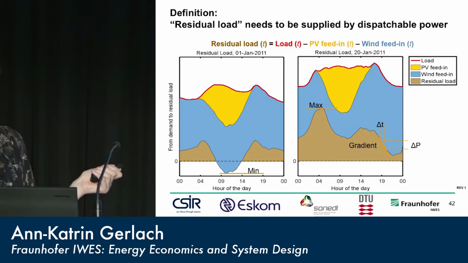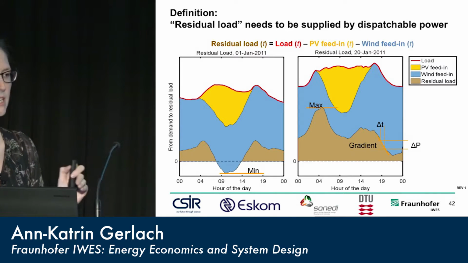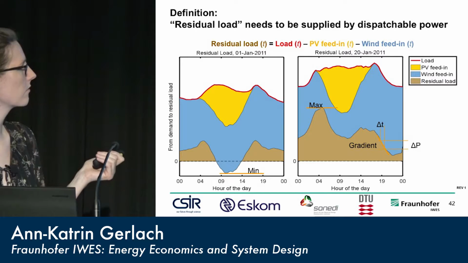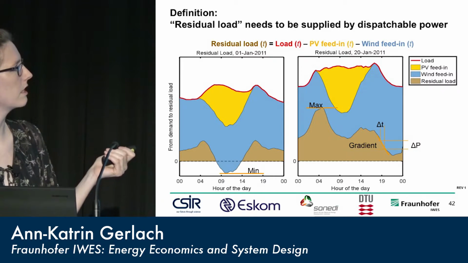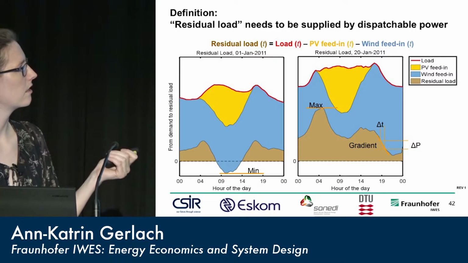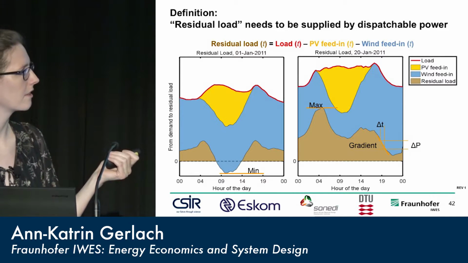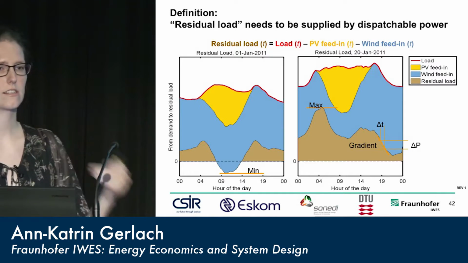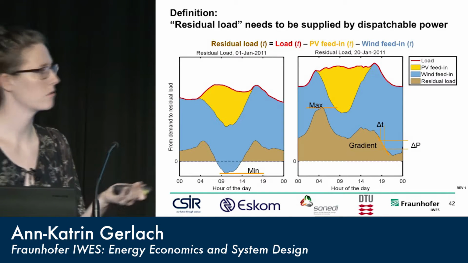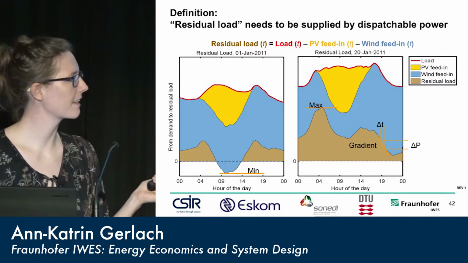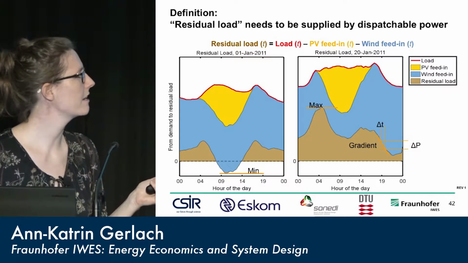There we might have to curtail the wind turbines. So also we see the maximum of the residual load is going down, and we don't have to feed in so much gas or coal or something like that.